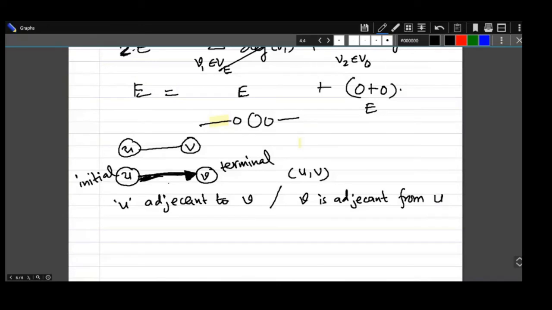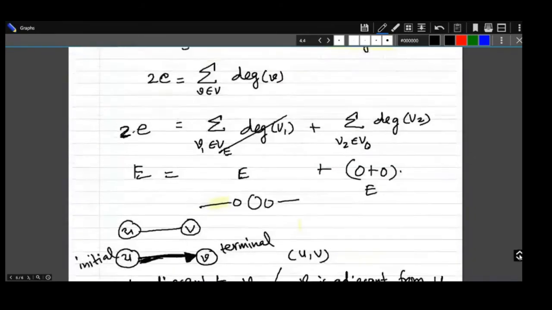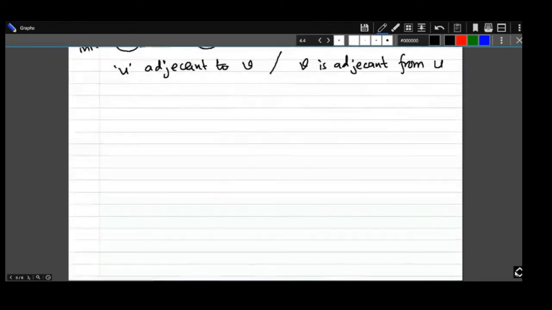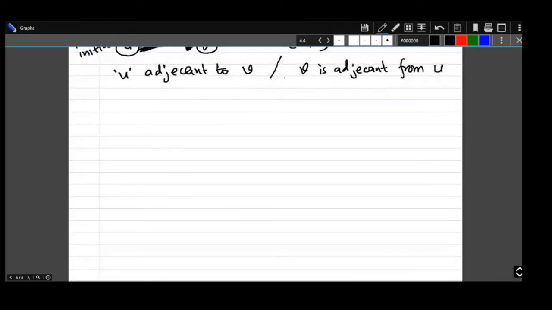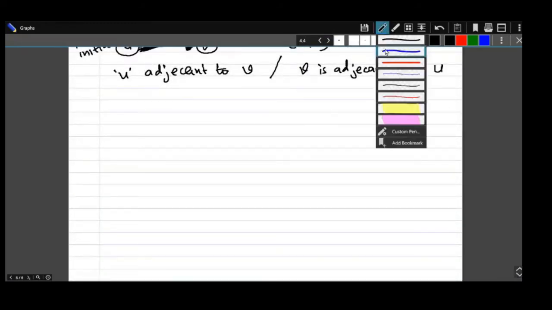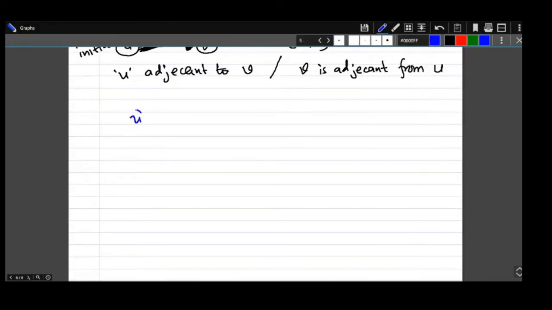Good. Now the degree that we calculated in the previous part was for the undirected graph. Now let us consider, let's say this is U, this is V, and this is the edge. Then we have in degree and out degree associated with each vertex.